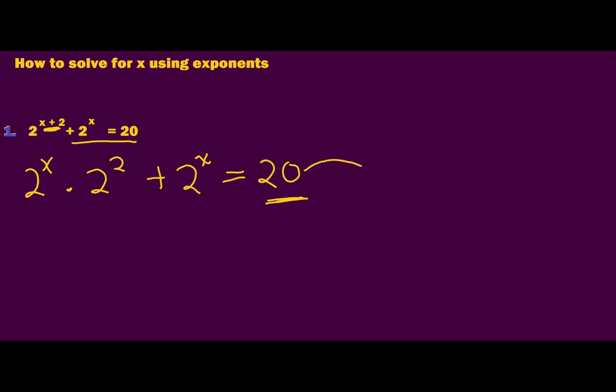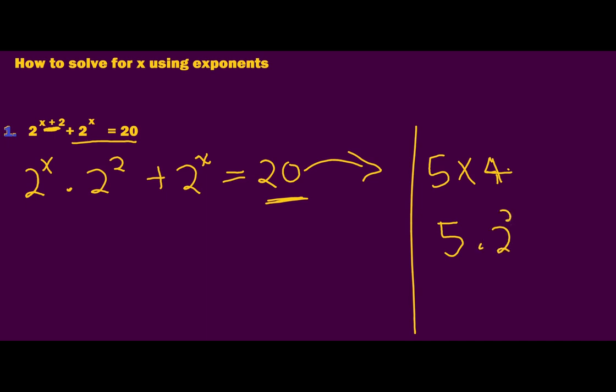So the second step is to break this into the smallest prime factors, right? And we know that 20 equals 5 times 4, whereby 4 can also be simplified as 2 to exponent 2. So I'm going to write 5 times 2 to exponent 2. This is multiplication, so I'm just using a dot here when I'm working with exponents.